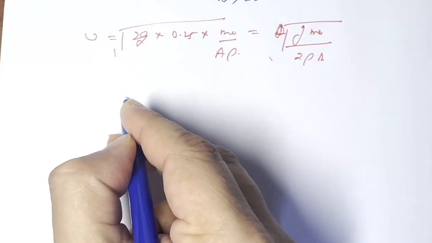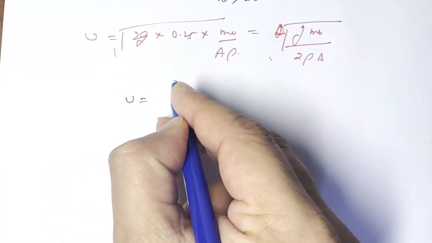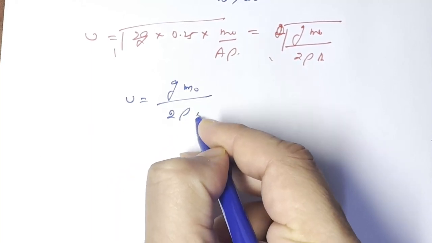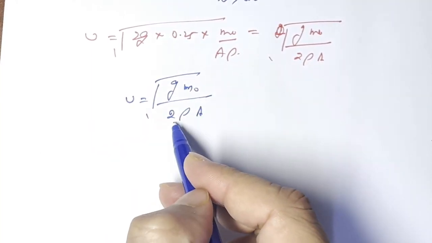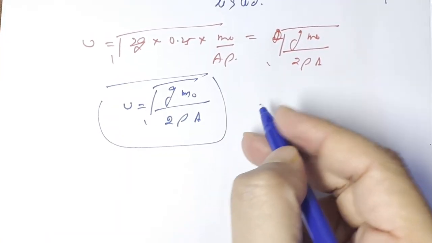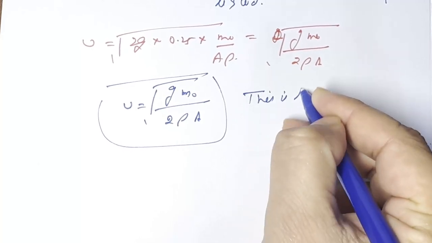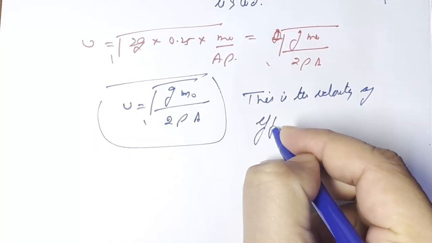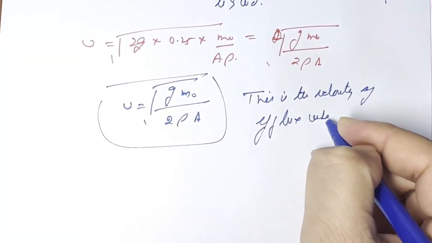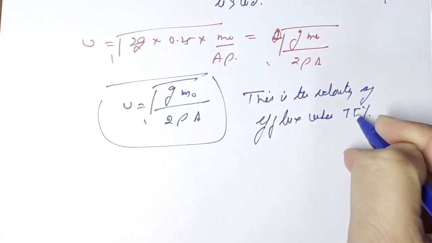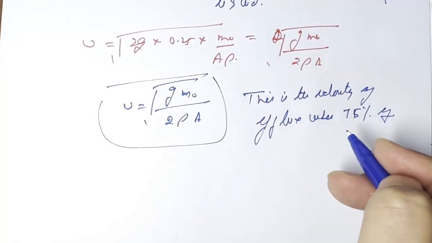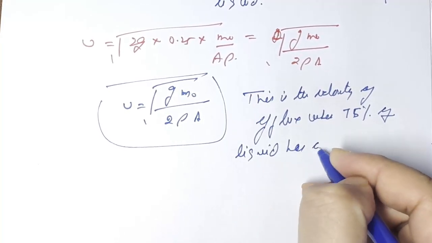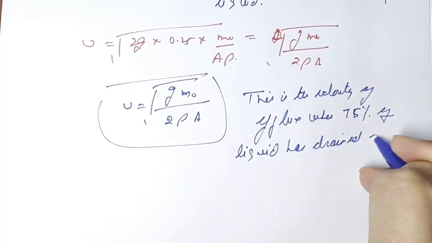Writing it again, the velocity of the efflux when 75% of the liquid has drained out is given as the square root of g M naught divided by 2 rho A. So this is the velocity of efflux when 75% of liquid has drained out.